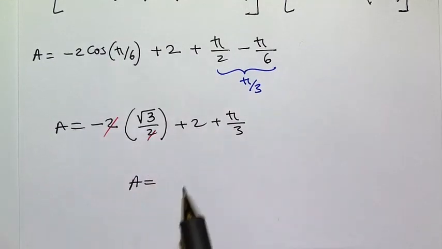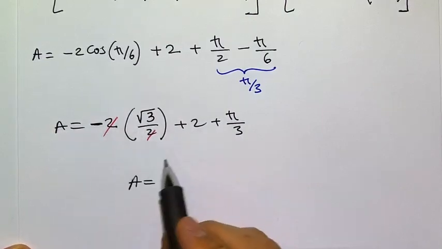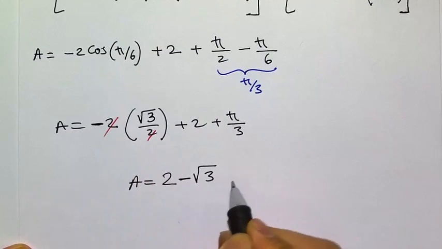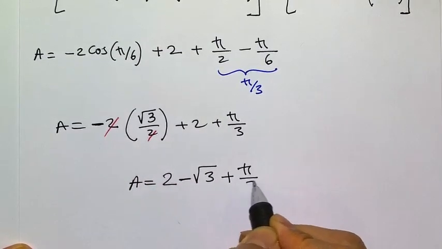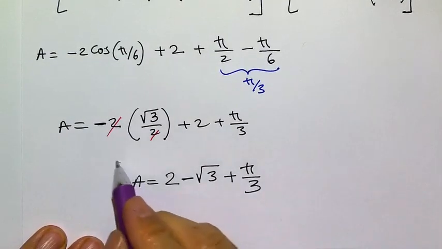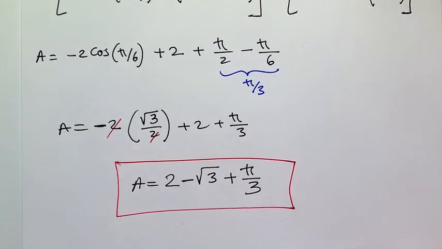So all we get is, let me put the term with the minus in the middle, so I'll just put the 2 and then minus square root of 3 plus pi over 3. And we can just leave it as that in perfectly exact form. Okay, like that.